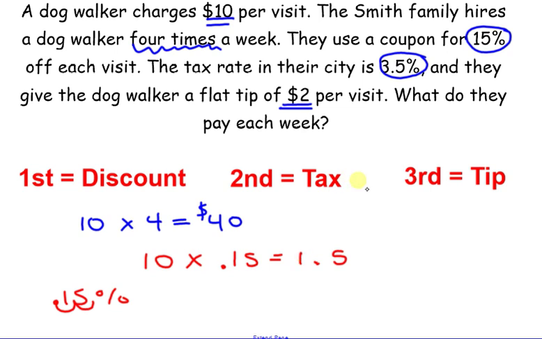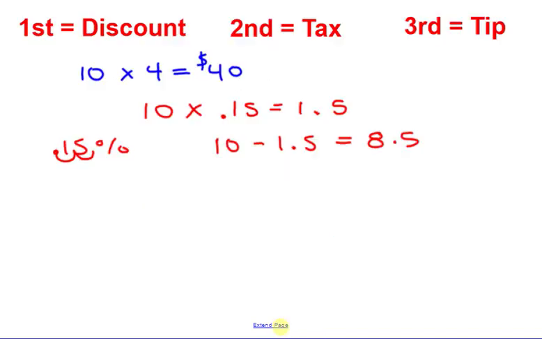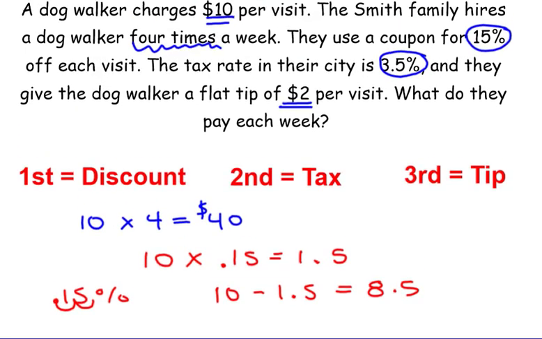Okay, so that means that they save $1.50 for their coupon each visit. Now subtract that from the cost because it's a discount. So 10 minus 1.5 equals 8.5. So $8.50 so far. Now, I've taken care of my coupon, so I'm done with my discount.